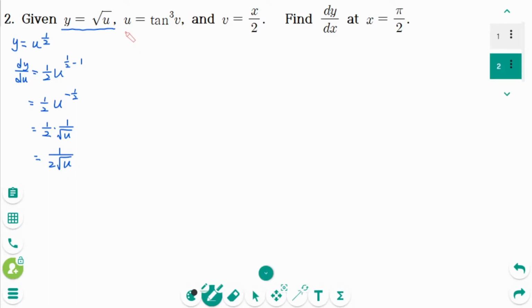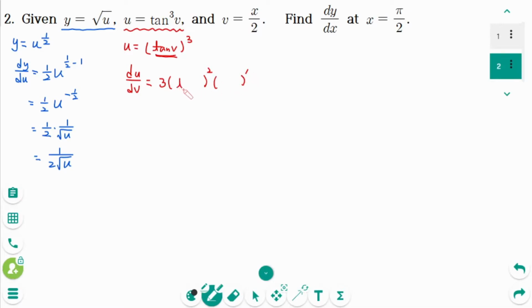u equals tangent cubed v. We can rewrite as u equals tangent v to the power of 3, a differentiable function of v. Then du dv equals, think about this one as u, then 3u squared times u prime.